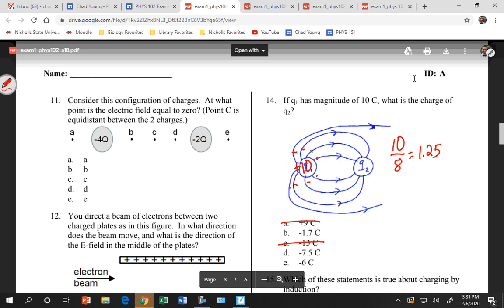Then I multiply that by the number of lines here, so that's 7.5. Pretty sure you have one very similar to that. Make sure you can do it. Interpret those field lines.